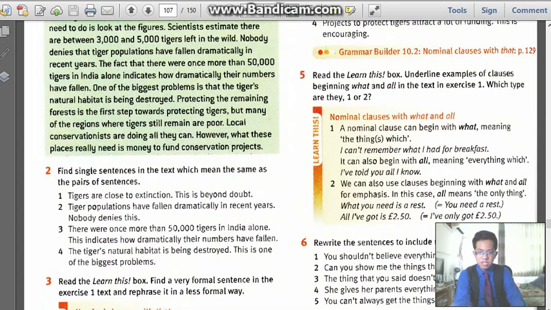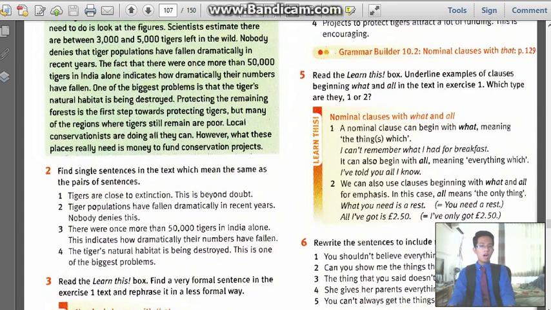One of the biggest, underline that: one of the biggest problems is that the tiger's natural habitat is being destroyed. After underlining all of those sentences, you can see that the sentences in exercise number 2 are sliced in half, but the sentences in the text are combined as one.